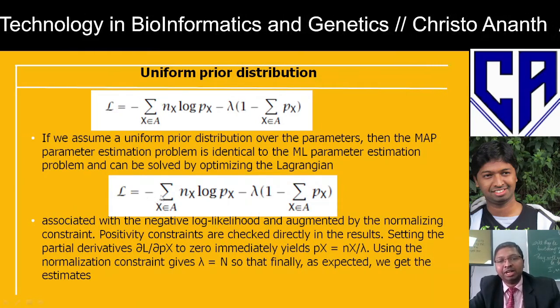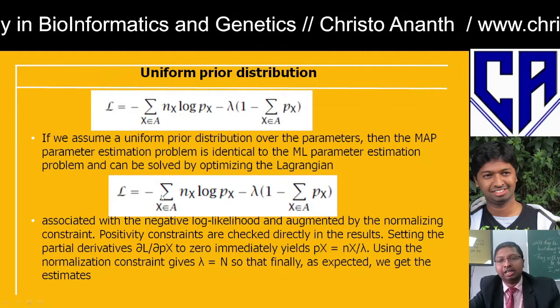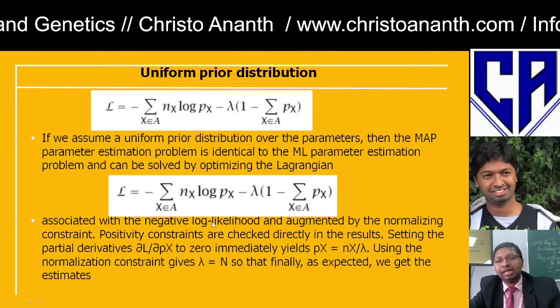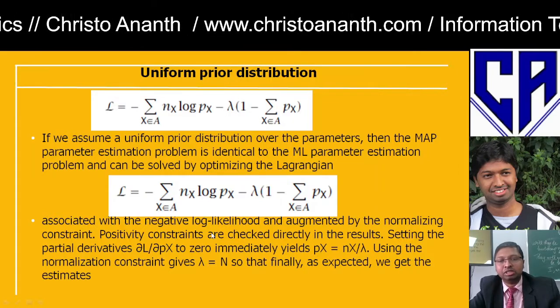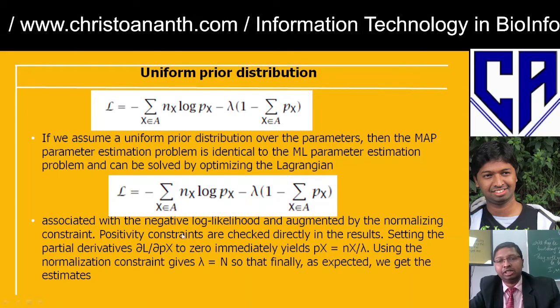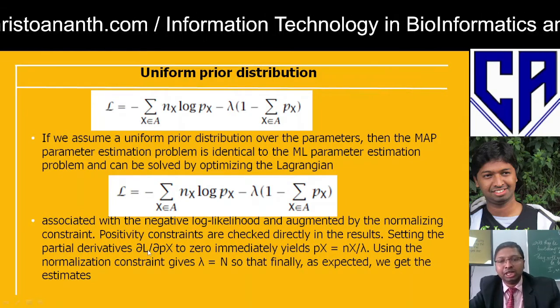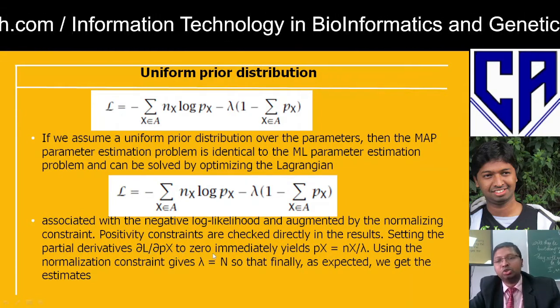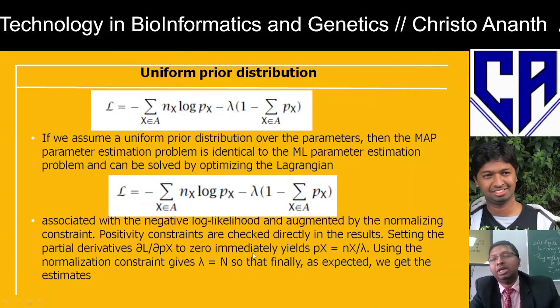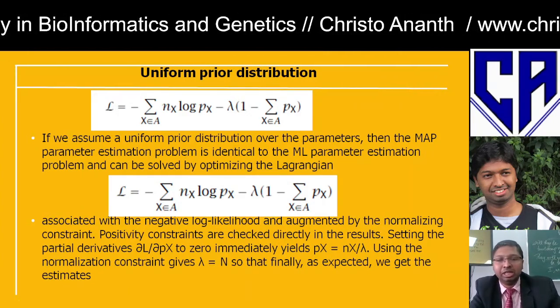So we will have the negative log likelihood, and it is obtained with respect to the summation parameters. Generally you can do the derivation, dou L by dou Px equal to 0. So the probability Px would be equal to nx by lambda.